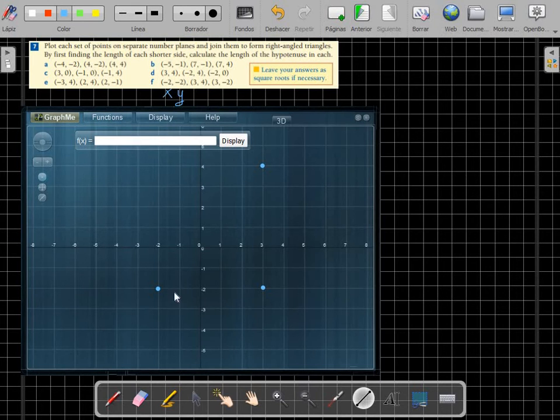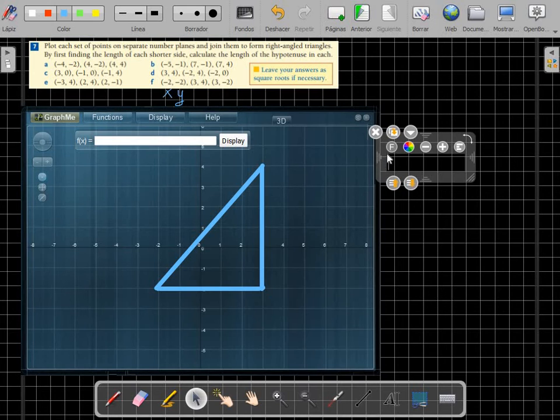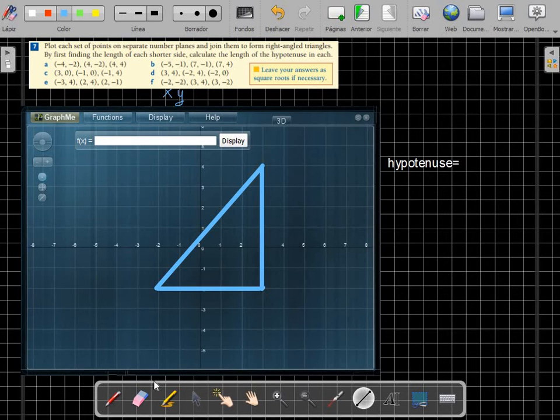And with those 3 points, I can join them with some straight lines. There they are, and once again we have a right triangle. And we can calculate the hypotenuse, the longest side, knowing how long the shortest sides or legs are. So the hypotenuse is equal to the square root of one of the legs squared, and let's see how long it is.